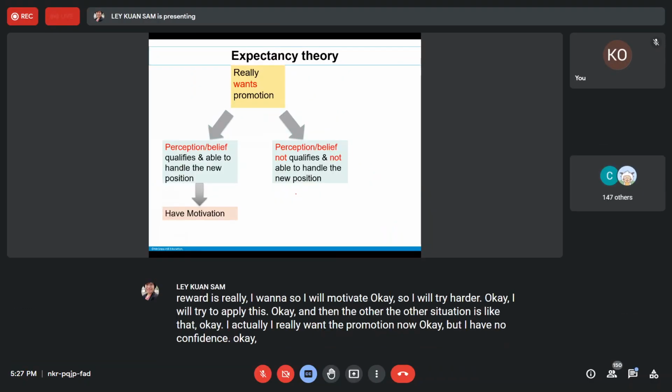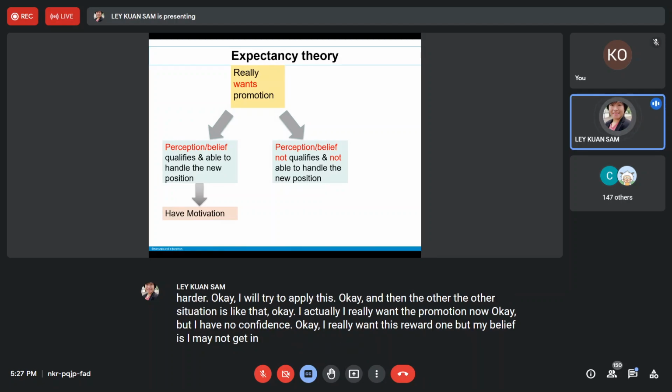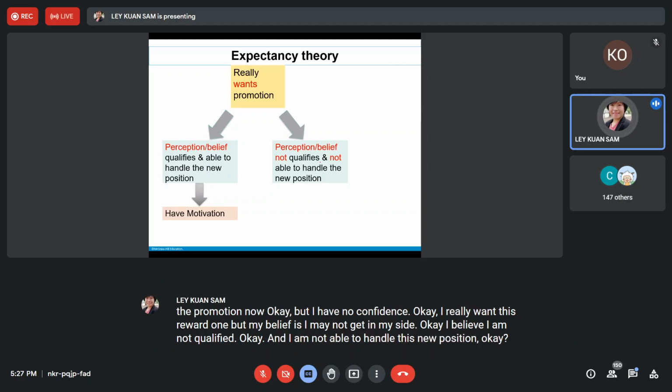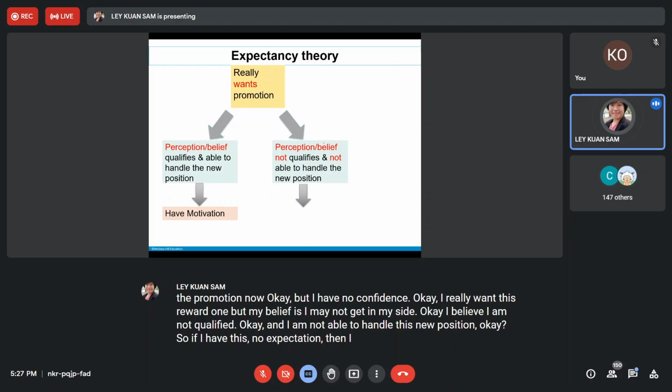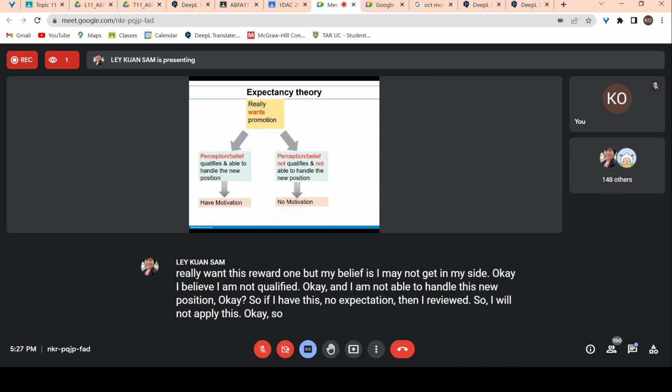I really want this reward, but my belief is that I am not qualified, and I am not able to handle this new position. If I have no expectation, then I will feel not motivated, so I will not apply. So this is expectancy theory.